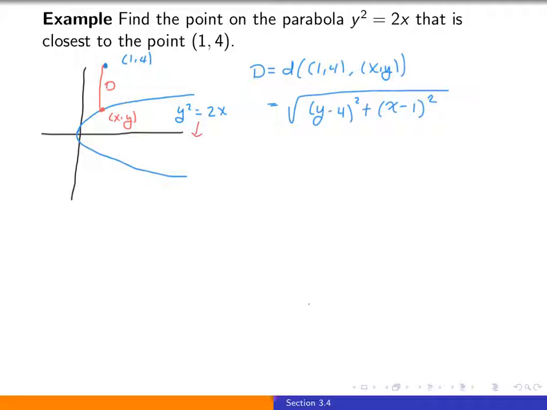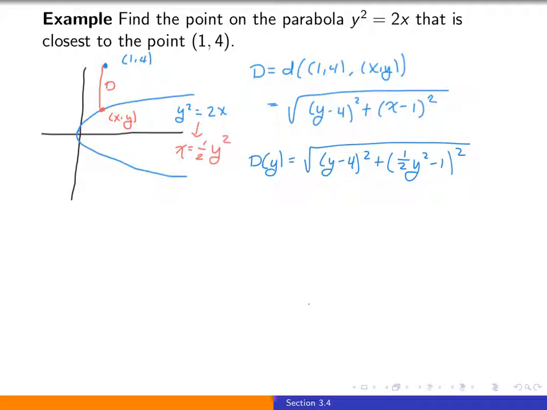Well, this is equivalent to saying that x is 1/2 y squared. So we can take the single x that we see in our equation for D and replace that with 1/2 y squared. So D, solely as a function of the variable y, is going to be the square root of the quantity (y minus 4) squared plus (1/2 y squared minus 1) squared.